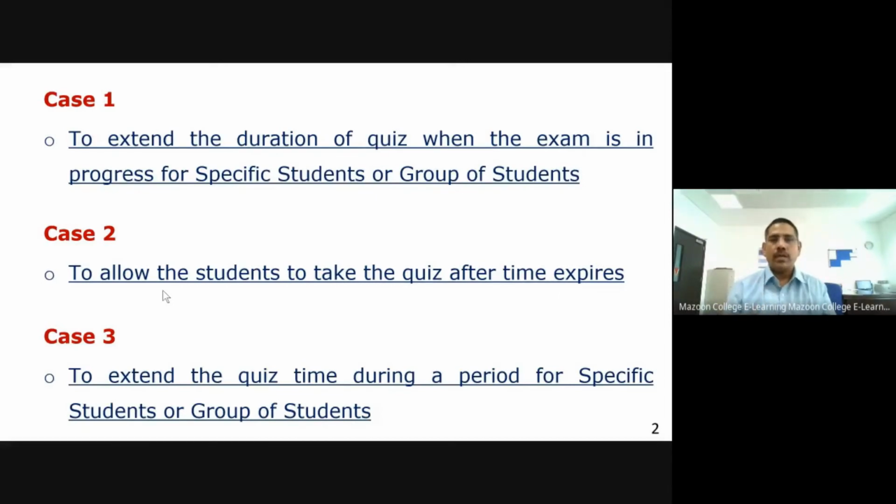Now after that, the student calls us: "Oh sir, I missed the exam, I finished the exam, I want to reappear." If the case is genuine, we are going to open the exam only to the particular student or group of students.